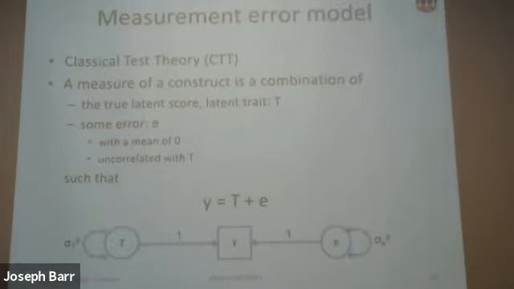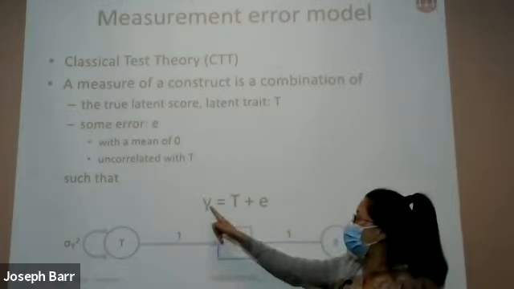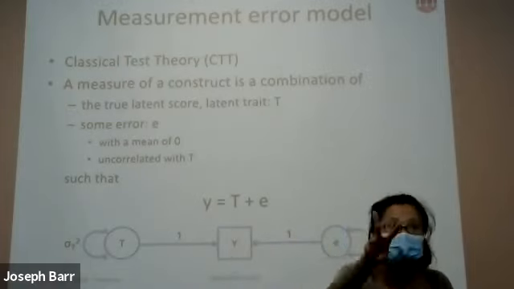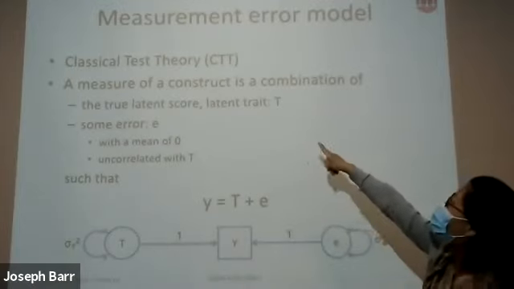CTT, the famous CTT. Let's start from the CTT. CTT is short for classical test theory, which is about tests. In that theory, we assume that the observed y is a combination of two parts. One is a true value.